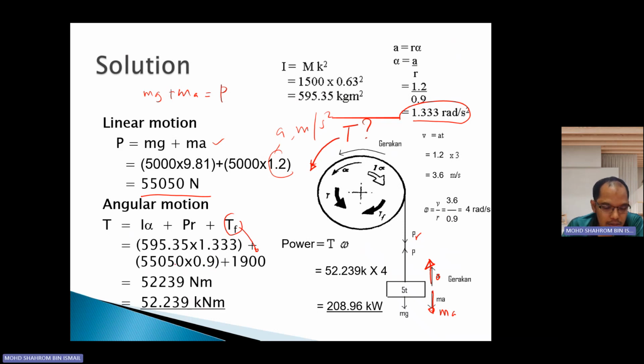Everything is already given, not much. Then if you put all the values into your calculator, you manage to get the torque to be around 52.239 kilonewton meter.